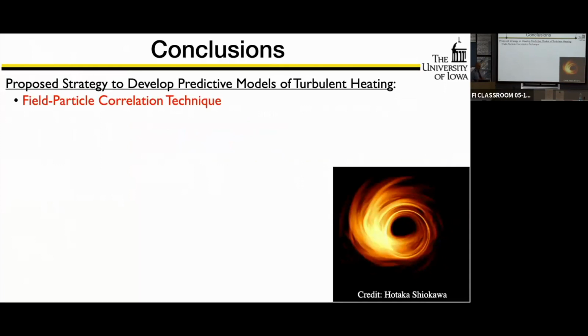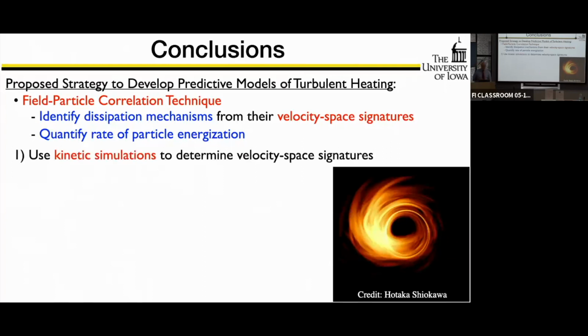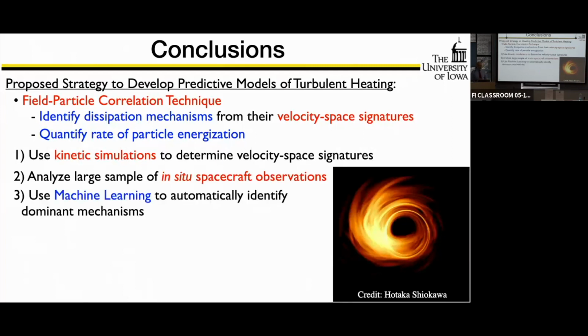So we use this field-particle correlation technique, which can identify the mechanisms based on their velocity space signatures, and it can quantify the rate of particle energization by each of those mechanisms. We can use kinetic simulations to determine all of these velocity space signatures because we can control the situations there, and then analyze a very large sample of in situ spacecraft observations and use machine learning tools to automatically identify the dominant mechanisms.